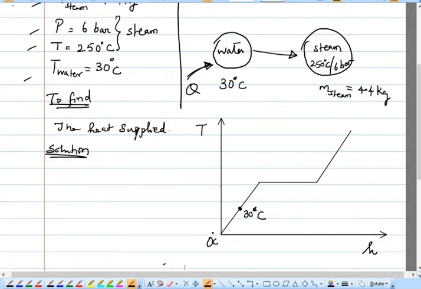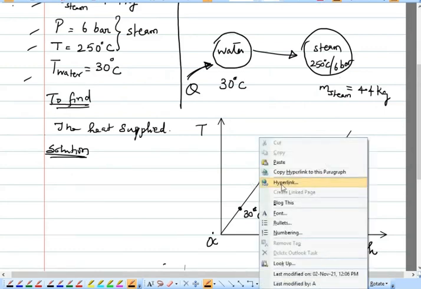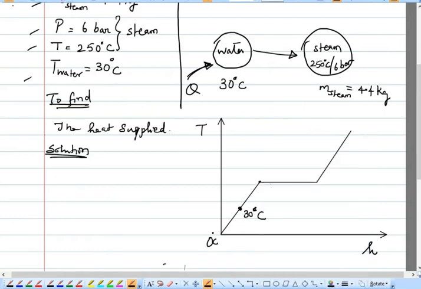So you should be in a position to say what the various points are. So at this point, what will be the temperature? Corresponding to this, you will be having the saturation temperature Ts, because 30 degrees Celsius definitely it will be in liquid phase. If you heat this, what happens?